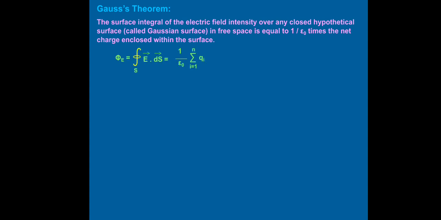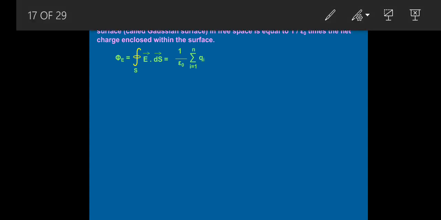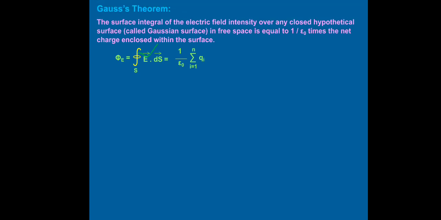Mathematically this can be represented as phi equal to closed integral. This is the symbol of closed integral. So phi equal to integral E dot ds equal to 1 by epsilon naught sigma i equal to 1 to n q i. So this is the electric flux.